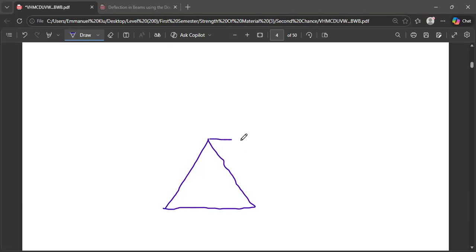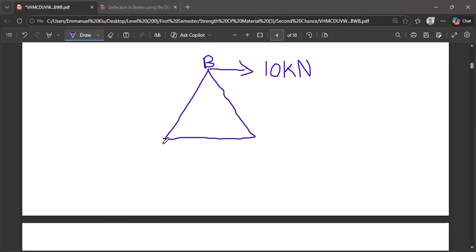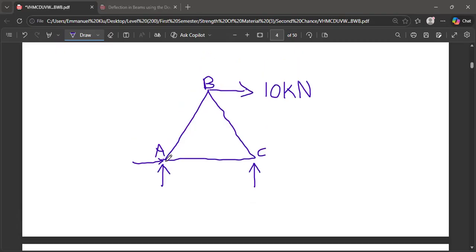Initially we knew that this is 10 kilonewton, and now this is B. This is A. This is C. From here, we can now put our answers beside it.